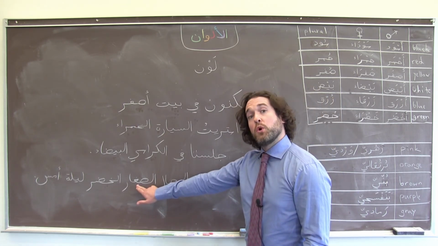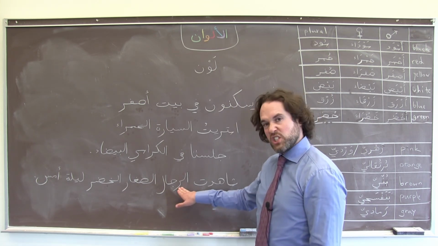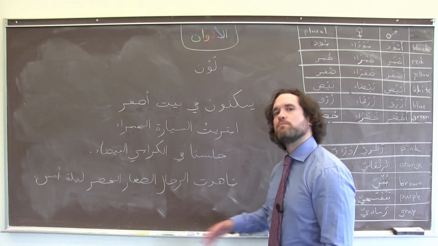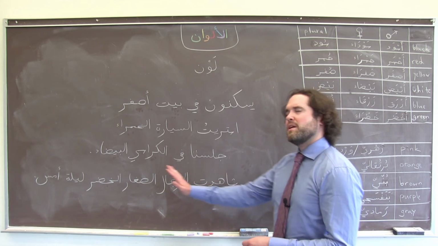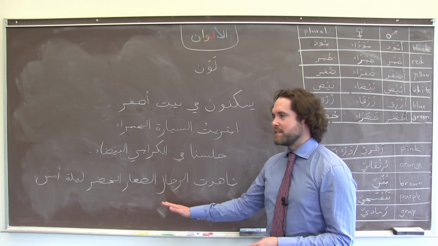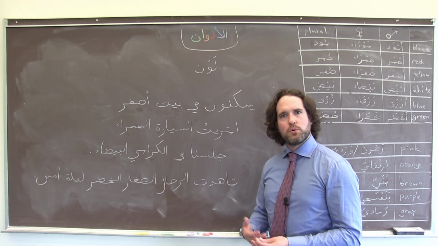Similarly, I have to use the broken plural for صغير, small or little, because again, rijal, the men that I'm referring to, are human beings, or are they? In any case, one of the very rare circumstances where we might need to use khudar, that adjective, to refer to a group of human beings.